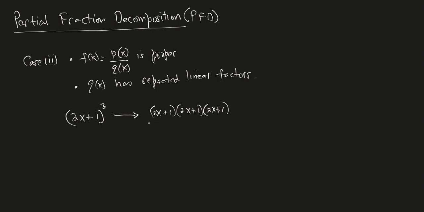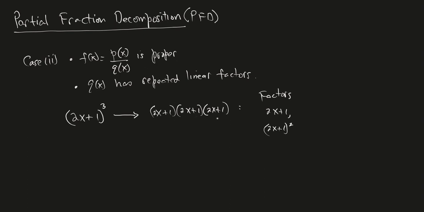So in terms of all the factors, what are the factors of this? Well, here are the factors. 2x plus 1 by itself is a factor. And then if I take 2x plus 1 times itself, so 2x plus 1 squared, that's a factor, right?